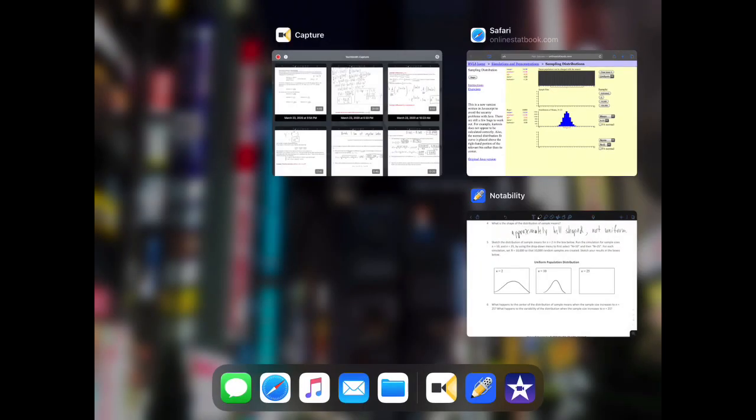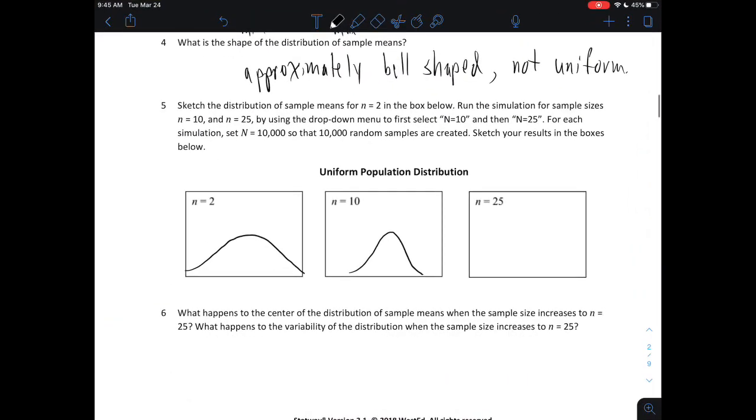So going back to my sketch, just something that's skinnier than what it was before. And really, this is all we're trying to notice, is that the distribution is becoming skinnier as the sample size is increasing, which is something that we've seen before in a few modules.